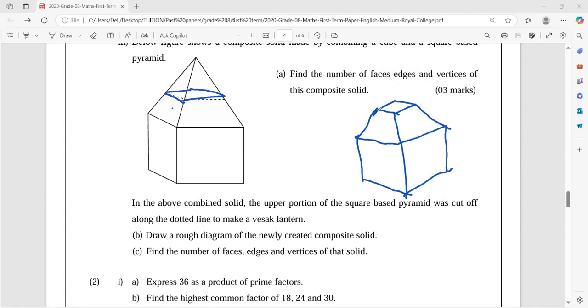You have to see that all the edges are straight edges. So in this one, how many faces will be there?